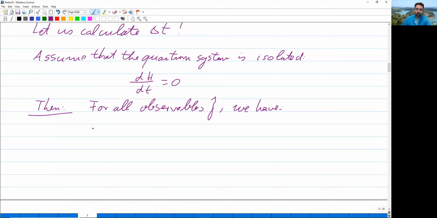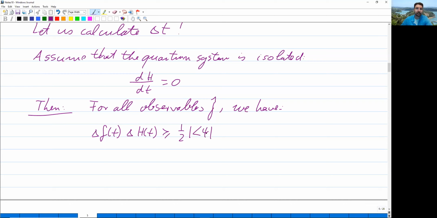So we have the Heisenberg equation of motion, and we also have the uncertainty principle, of course. And in particular, we have that delta F of t and then delta H of t, that's the uncertainty that our system has in its energy, is larger or equal to 1/2 absolute value.